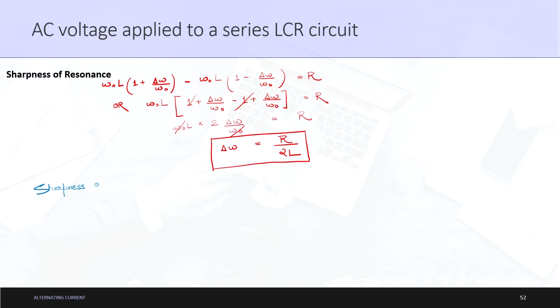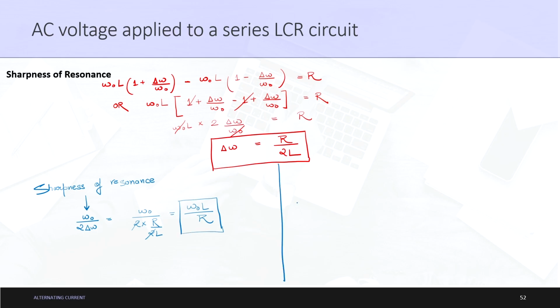Sharpness of resonance is basically given by omega naught upon 2 delta omega, which is nothing but equal to omega naught upon 2 into R by 2L. 2 gets cancelled. So, it is equal to omega naught L upon R. Please remember this very important term, that is sharpness of resonance is given by omega naught L upon R.